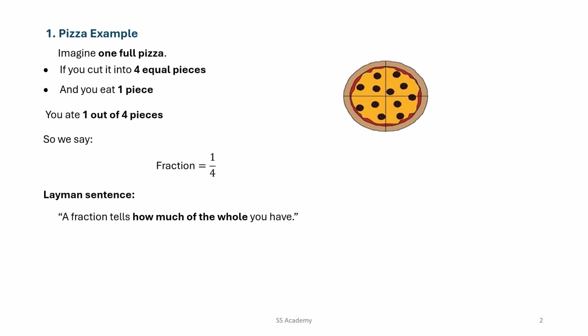So the number is very small, and in chemistry, normally we multiply that by 100 to make it a percentage. We will see where this fraction is converted into percentage later in this lecture. So in layman's terms, a fraction tells you how much of the whole you have.